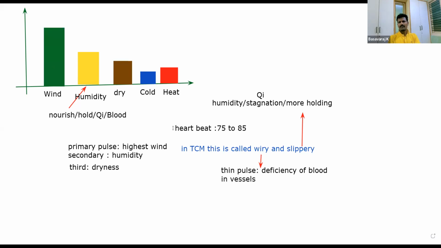When humidity is there with wind, either humidity-wind or wind-humidity, in both ways we call it liver blood deficiency. If the humidity is in excess and the wind is second, then we call it humidity wind, the spleen blood deficiency.